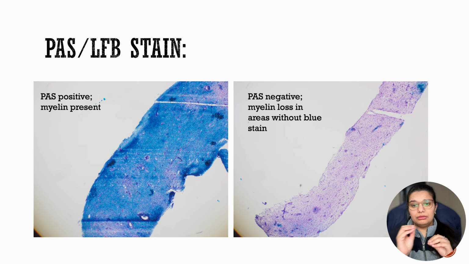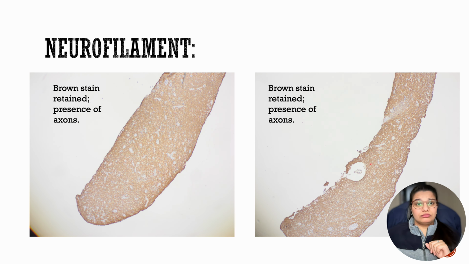Now how would that trouble be solved? We did a neurofilament stain, and that is going to be the game changer. Neurofilament stains for the presence of axons. So you see this brown staining, which indicates that neurofilament is positive, meaning axons are present.